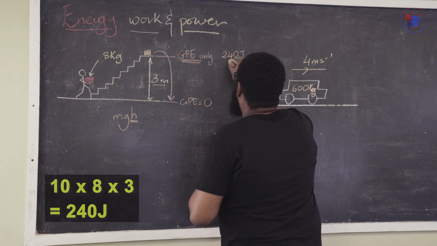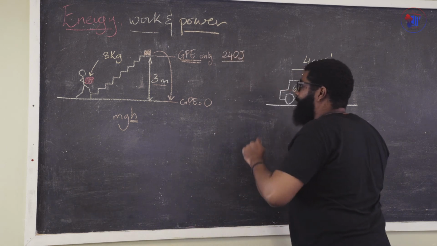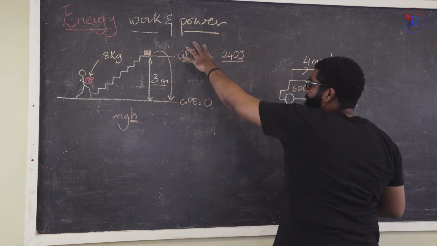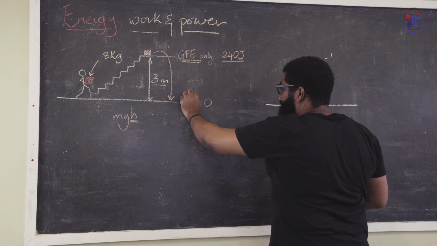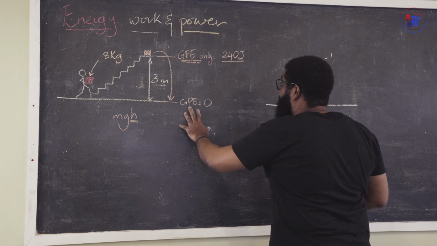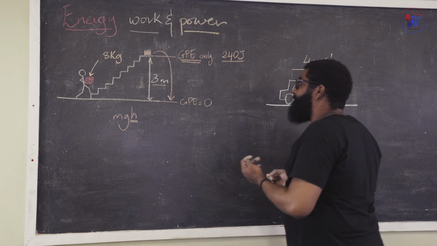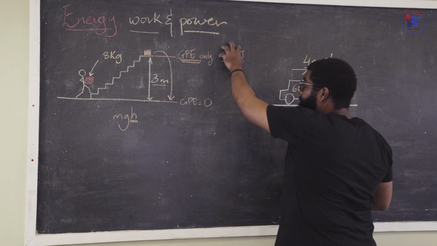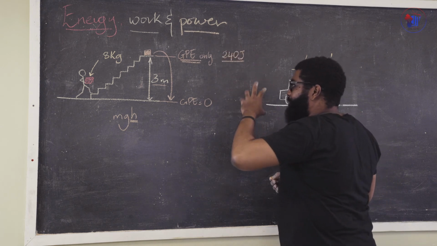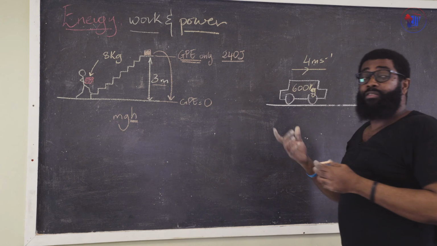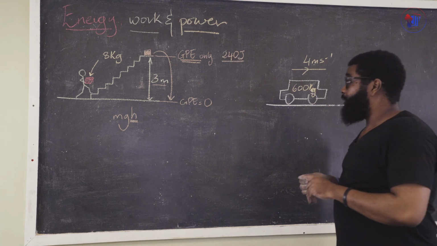This is the maximum amount of energy that this object will have, whether up here, halfway down, three-quarters down, or at ground level. The reason being is the system had this amount of energy at the top, and it will not get any more energy as long as it falls under the effect of gravity alone.